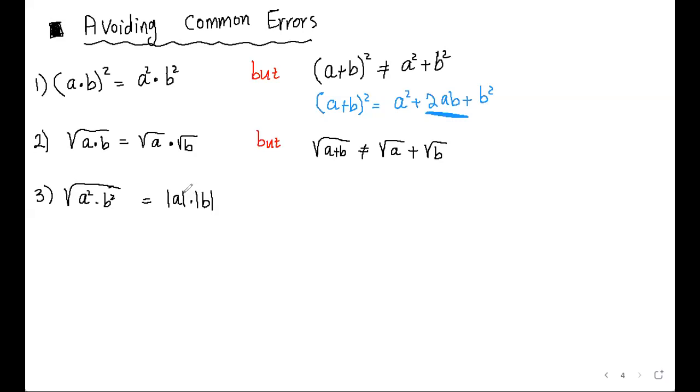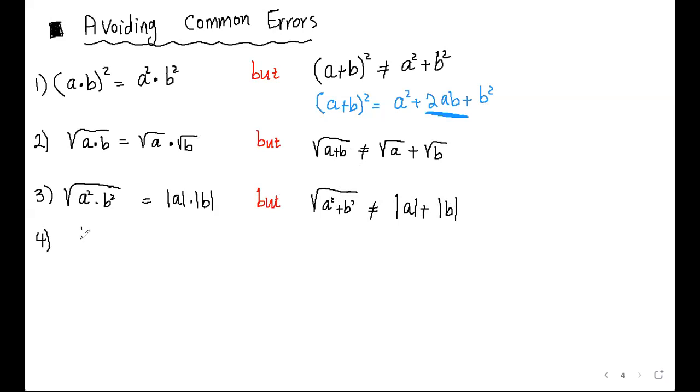But this is not true for addition. The square root of a squared plus b squared is not equal to the absolute value of a plus the absolute value of b always. This is not true in general.